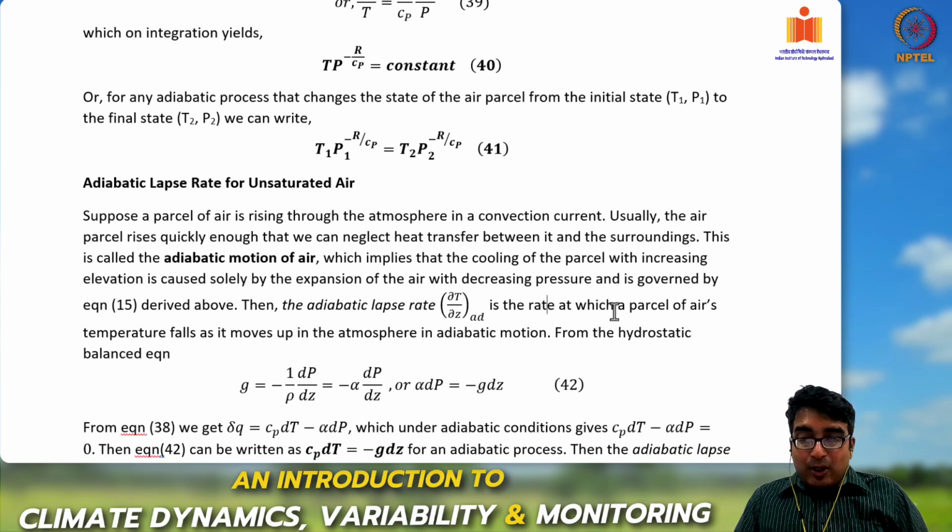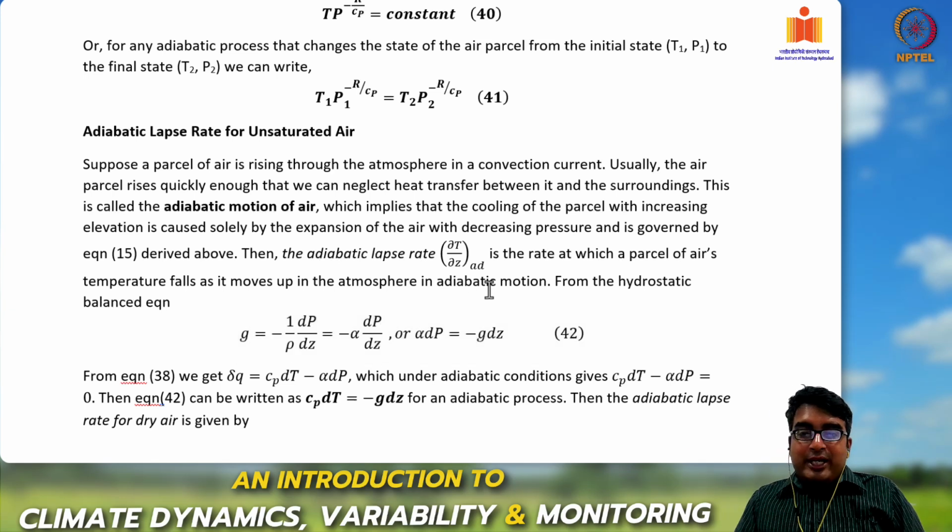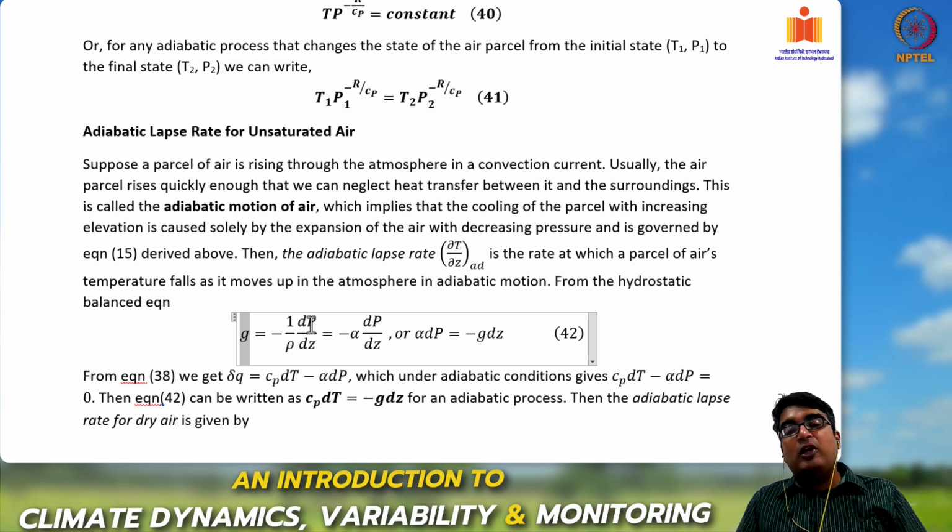It's the rate at which the parcel of air's temperature will fall as it moves up in the atmosphere in an adiabatic motion. Now let us recall our hydrostatic balance equation, which was g equals minus 1 by rho dP dz. Now 1 by rho is specific volume alpha again.